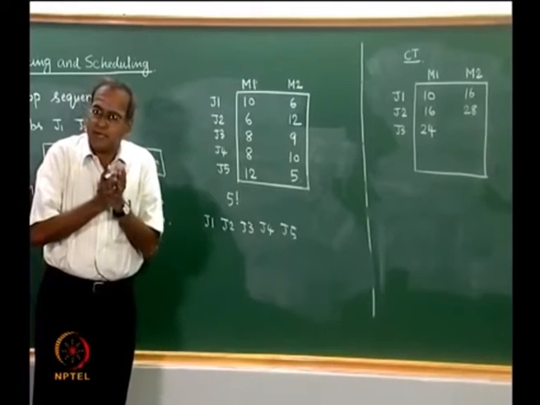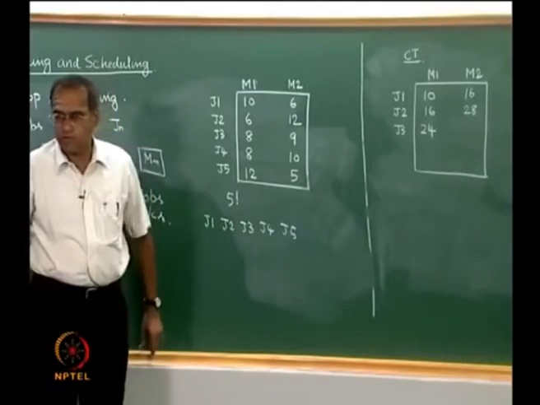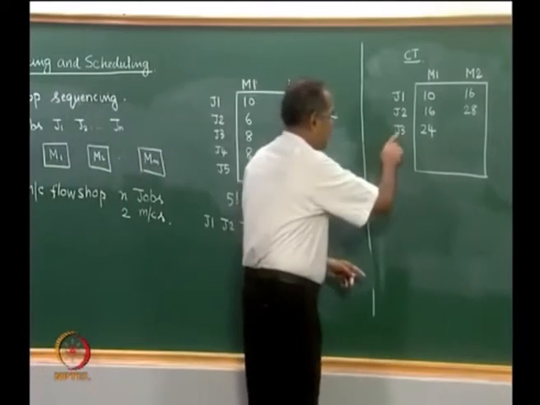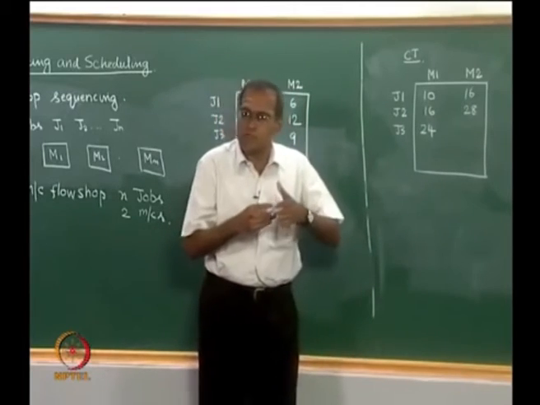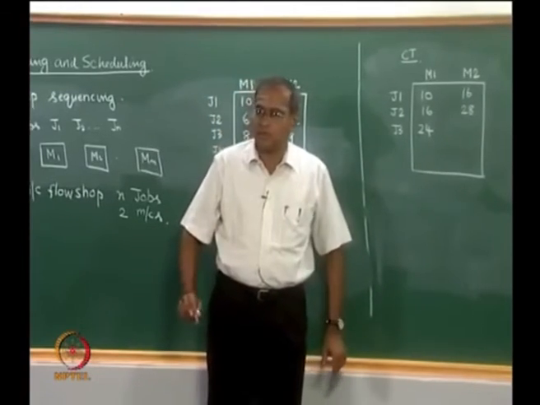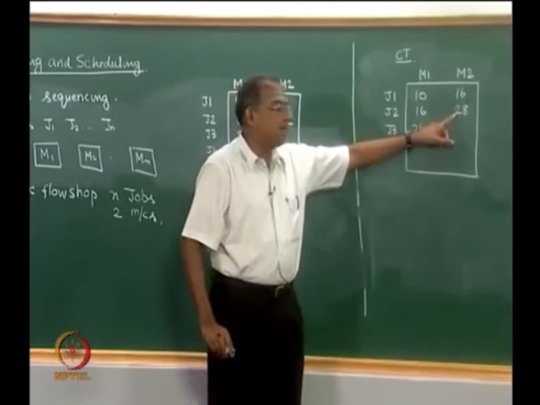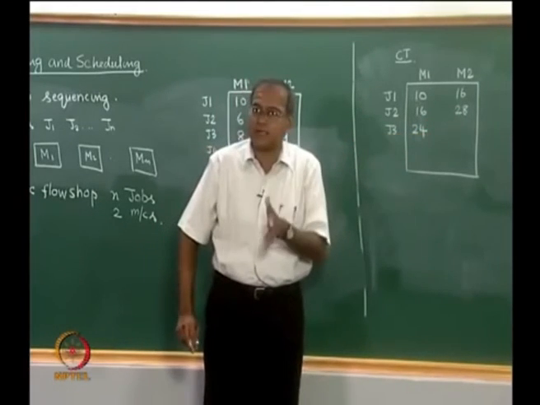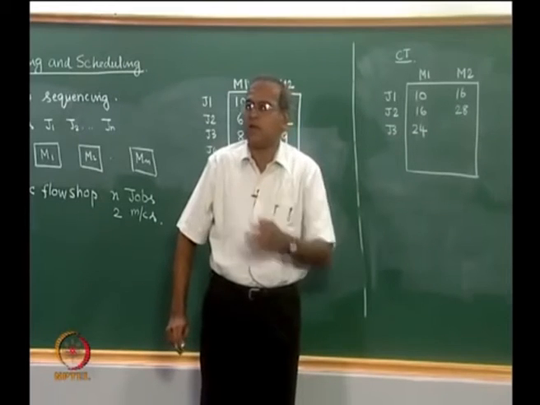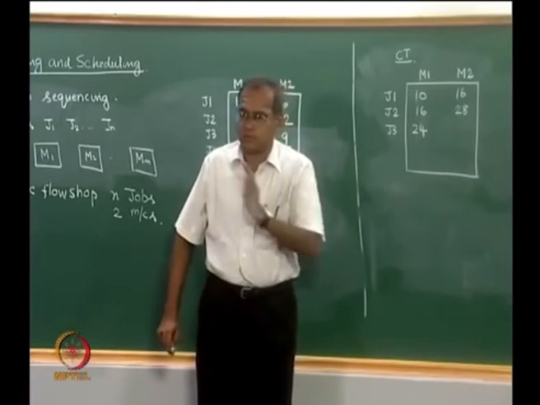Now, at time t equal to 24, J3 comes out of M1 and wants to use M2, but M2 is free only at time equal to 28. So, J3 has to wait for 4 units of time before it could go to M2.